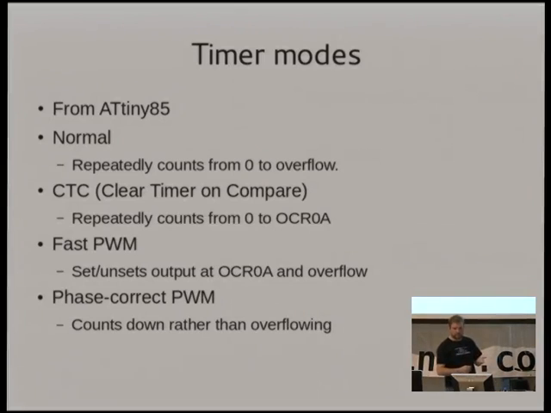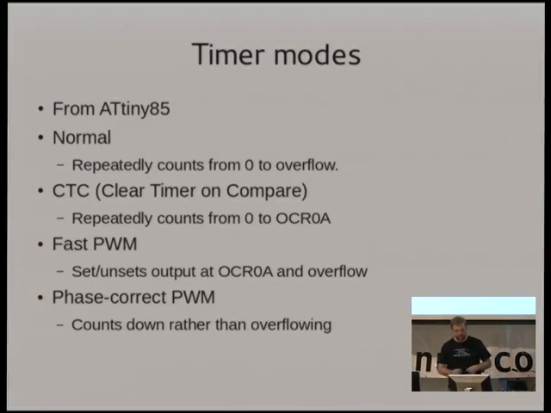You can have fast PWM, which will do the same sort of sawtooth thing, but it will potentially set a hardware pin at a certain value, and then when it gets to overflow, reset that pin back down to 0. And that's probably the method that is being used for PWM on your normal Arduino boards.